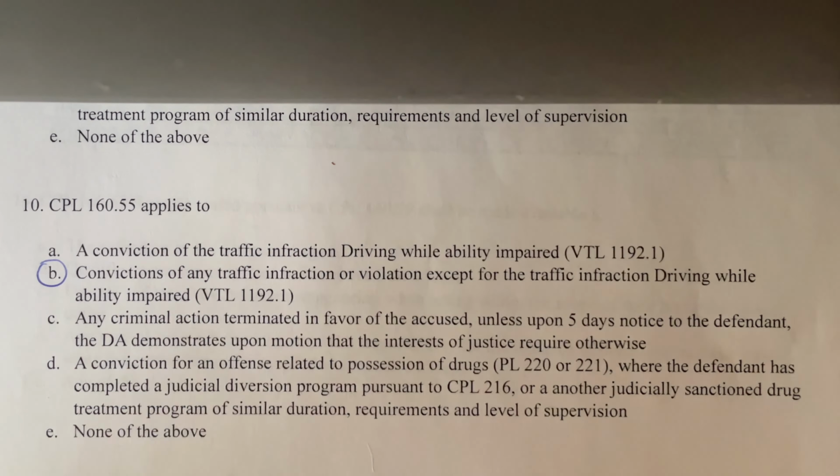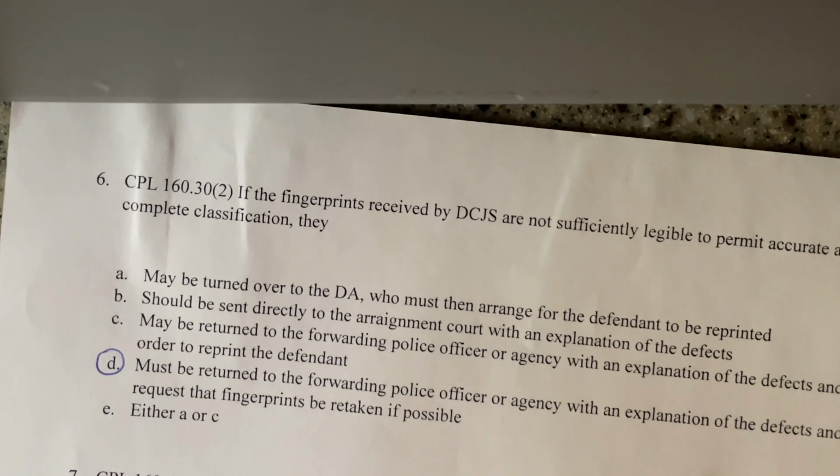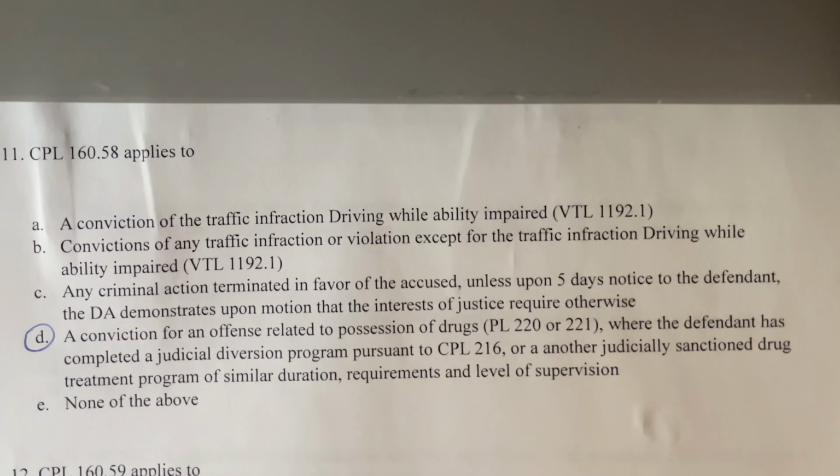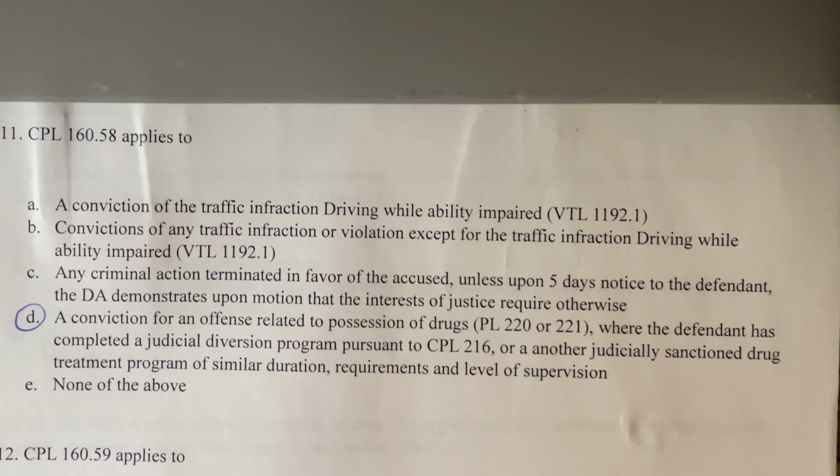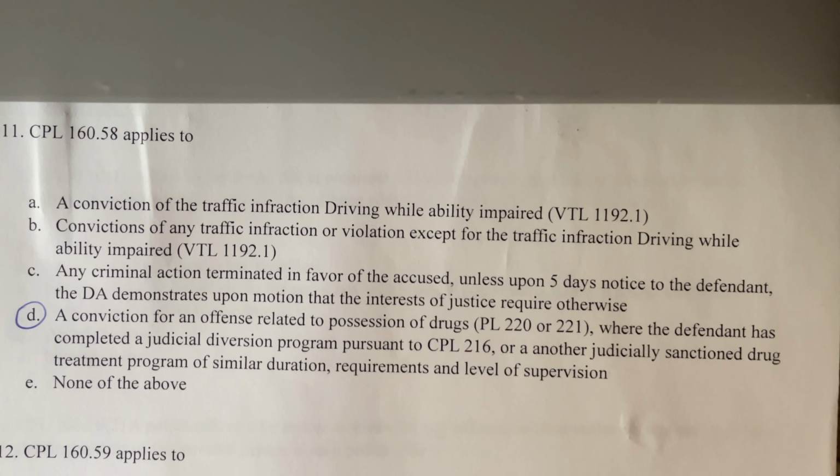So the main difference between 160.55 and 160.50 is that the court record is sealed in 160.50, and the other main difference is that 160.50 is a termination of the action in favor of the accused, not just to a non-criminal disposition. It's in favor of the accused.